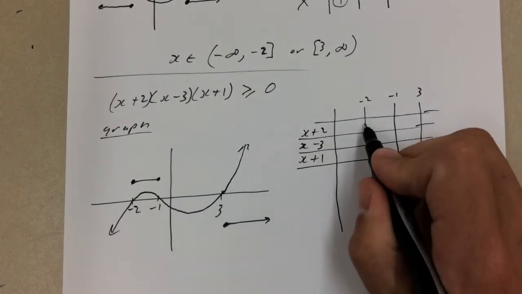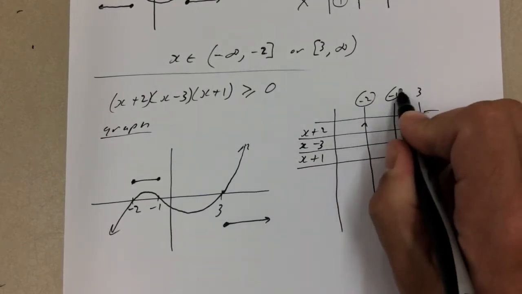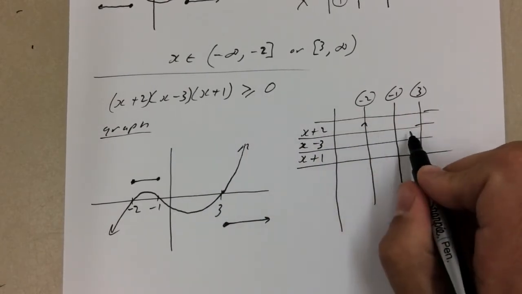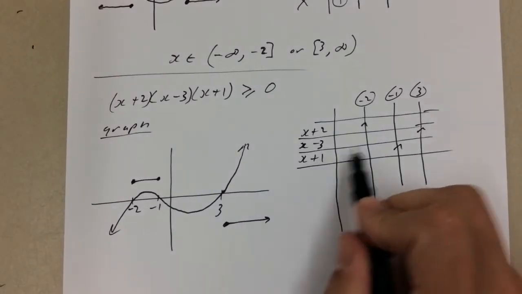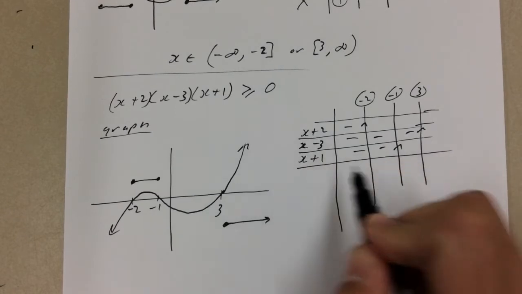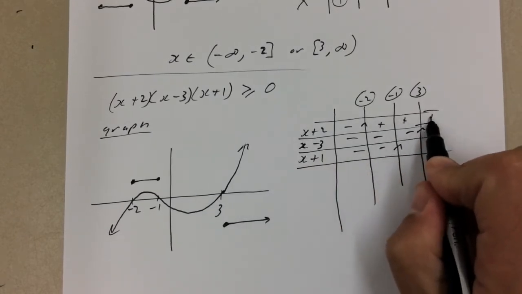Oh, I've got to circle these because it's equal to. Let's change signs there. This changes signs here. And this one changes signs at -1. Negatives to the left side, because these are all positive x. Positive to the right side.